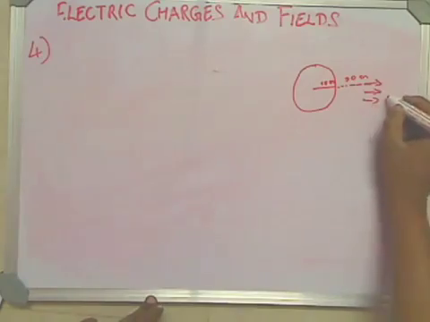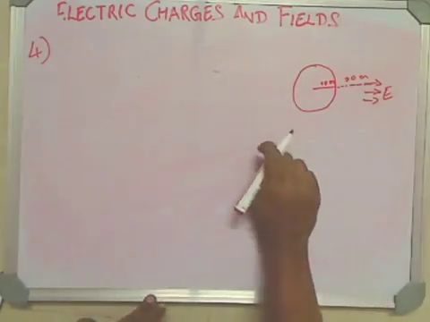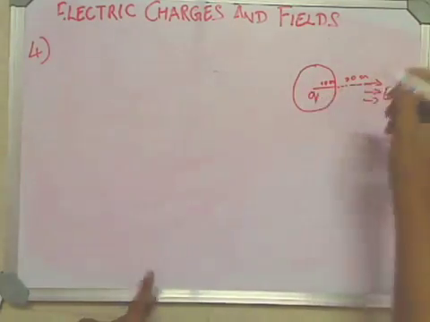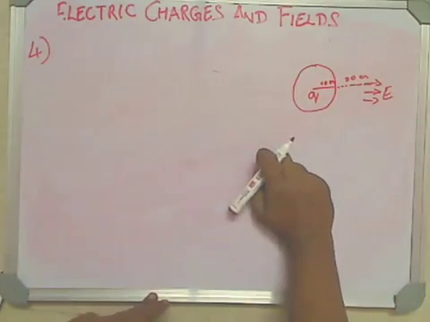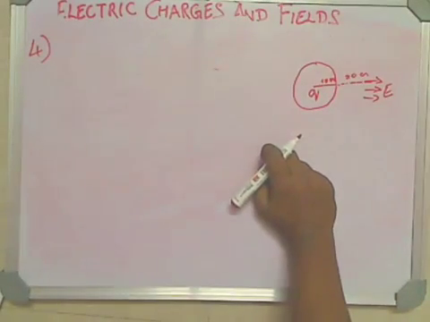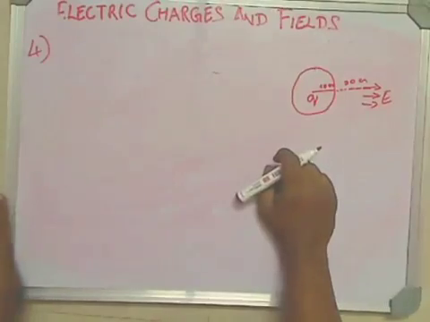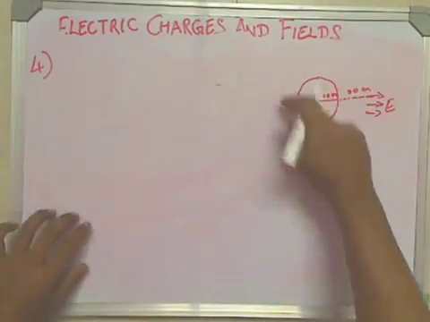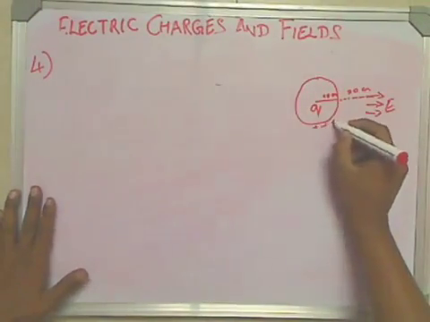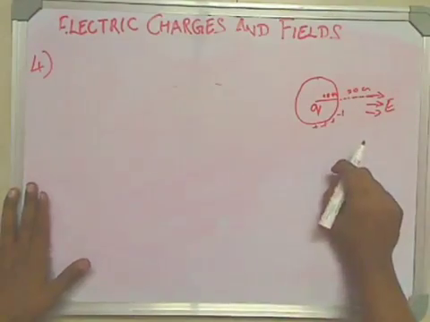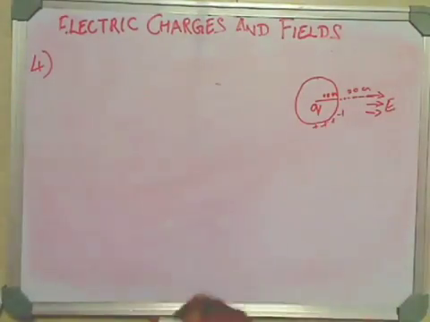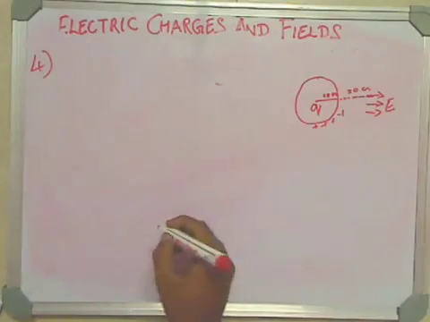Here you have the electric field, and somewhere here you have the charge. So what you need to find here is the net charge on the sphere, that is, how much charge you have all over the sphere. Now this is an extremely easy question but slightly tricky.